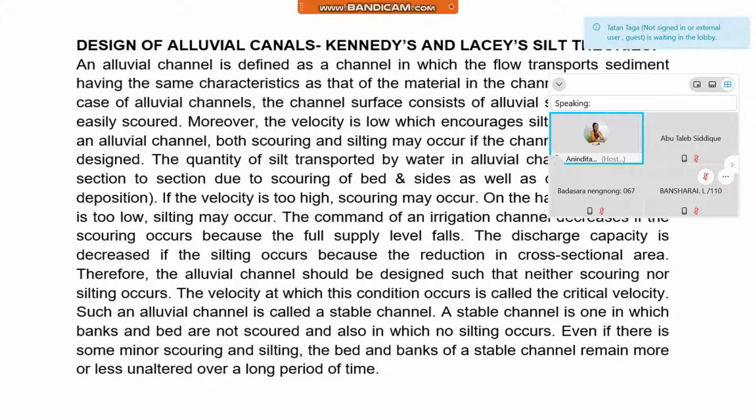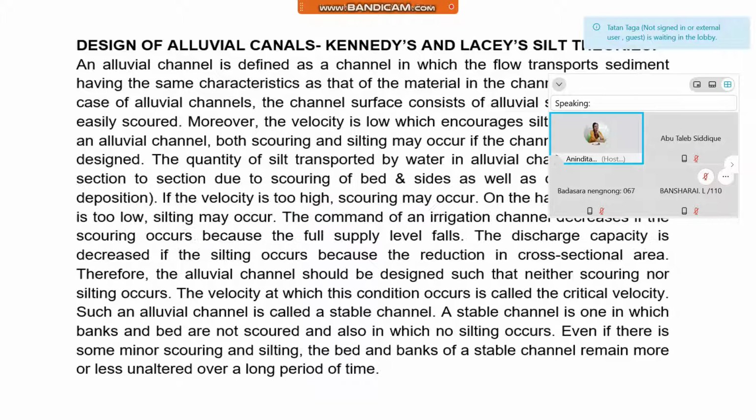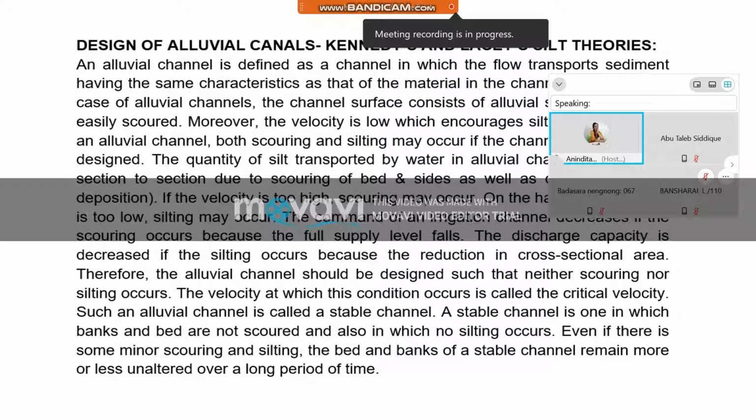The velocity at which this condition occurs is called the critical velocity. Such an alluvial channel is called a stable channel. A stable channel is one in which banks and bed are not scoured and also in which no silting occurs. Even if there is some minor scouring and silting, the bed and banks of a stable channel remain more or less unaltered over a long period of time.